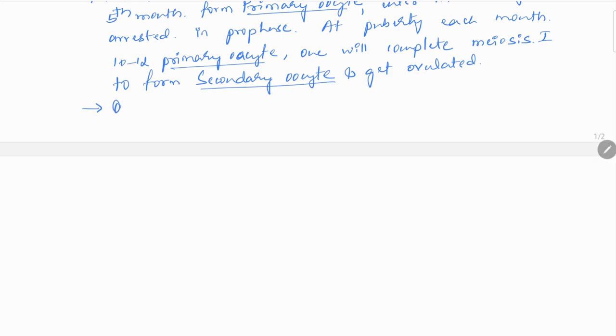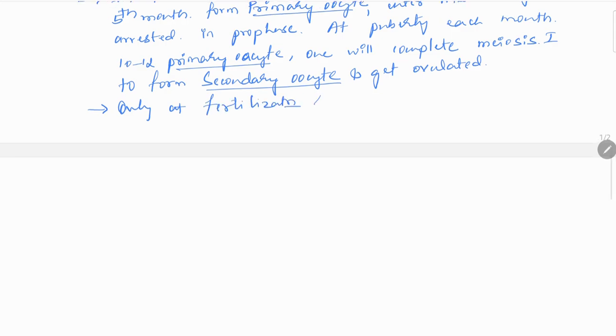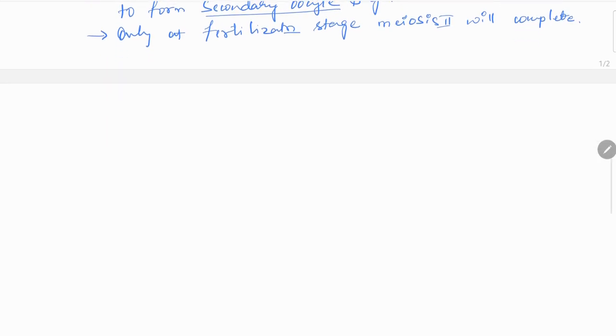So only at the fertilization stage will meiosis 2 complete. This is the general form of oogenesis. We'll study the details in the next class, but this is the general concept of oogenesis.